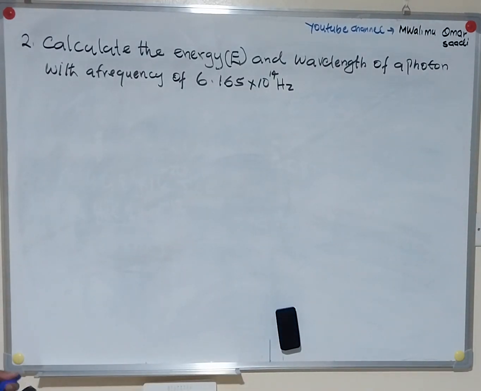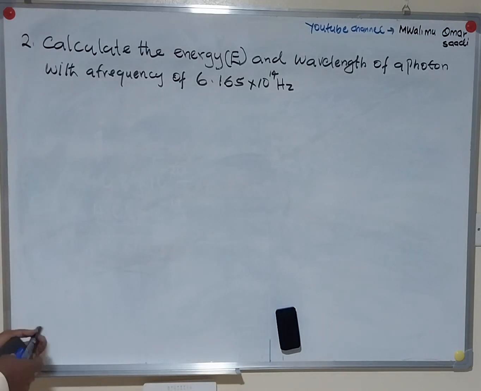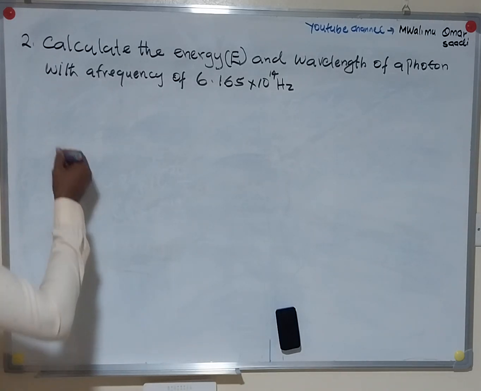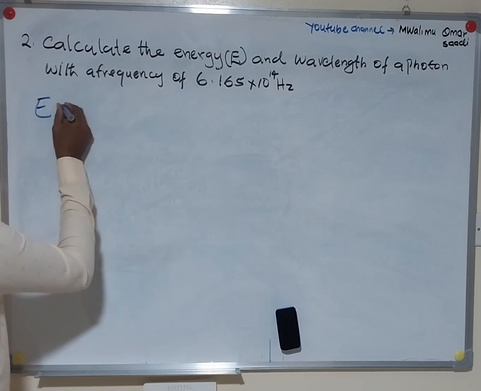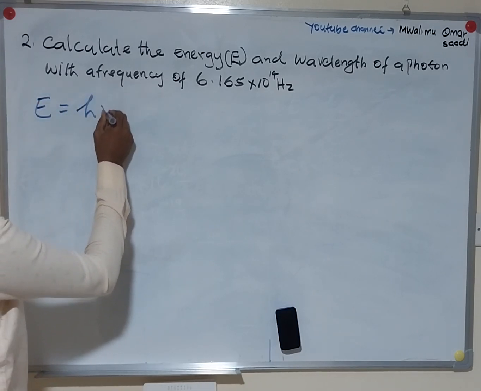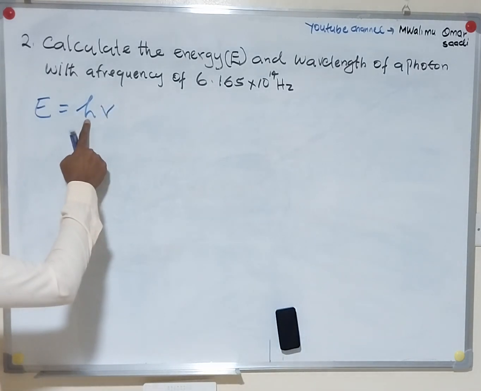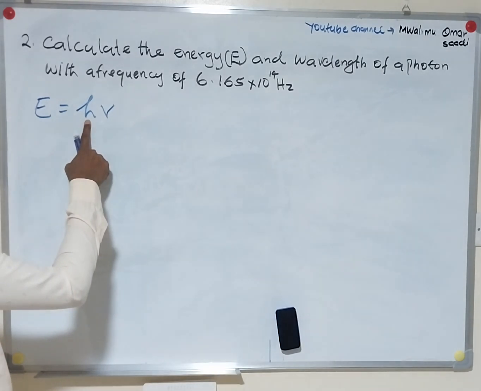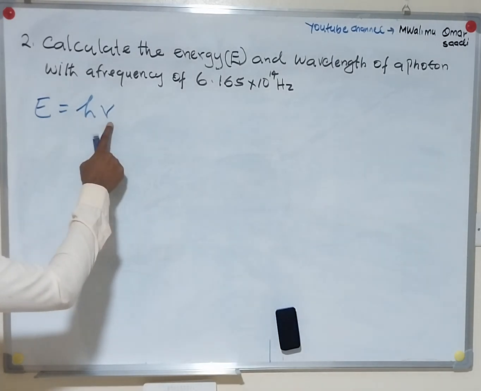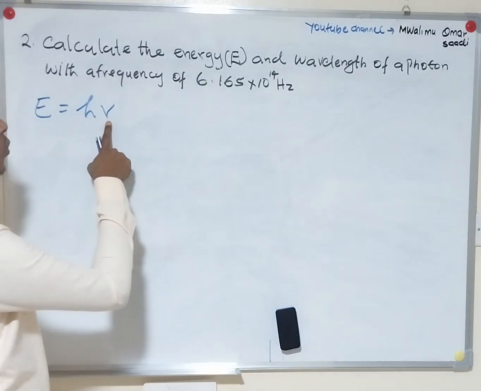So energy E, let us use the equation energy E is equal to hv. H is the Planck's constant, which is 6.626 times 10 power negative 34 joules per second, and v is the frequency.